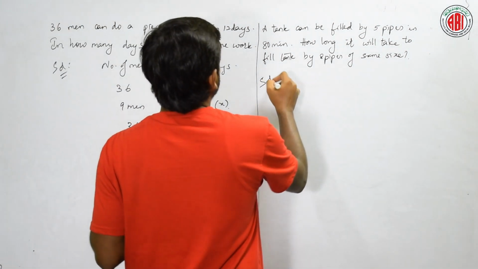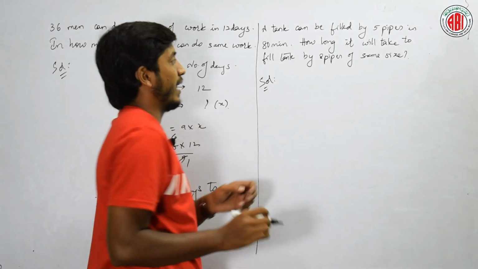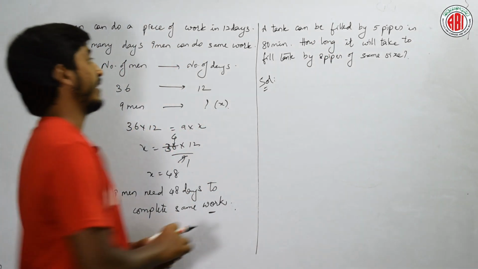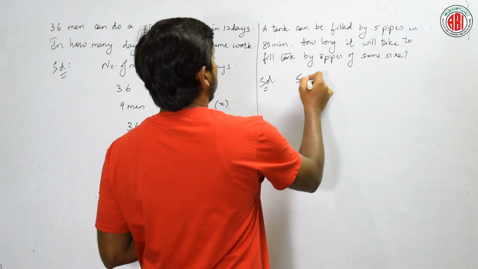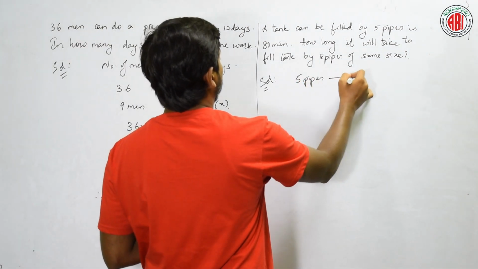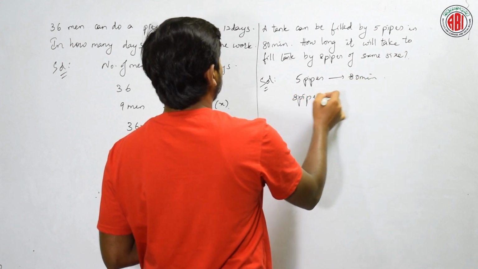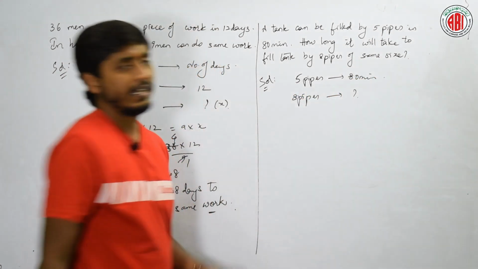A tank can be filled by 5 pipes in 80 minutes. The same thing. For 5 pipes, 80 minutes. Then for 8 pipes, how many minutes will it take?